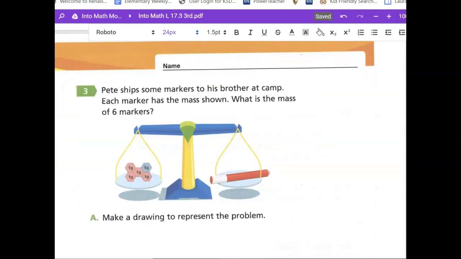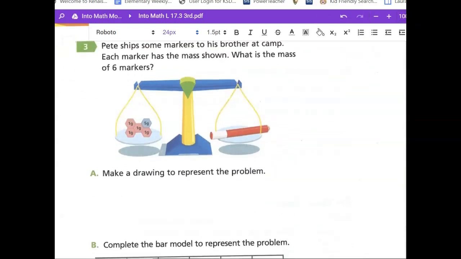Pete ships some markers to his brother at camp. Each marker has the mass shown. What is the mass of 6 markers? Well, we can look at our weight and see that each marker weighs 5, 6, 7, 8, 9 grams. So we can make a drawing to represent the problem.